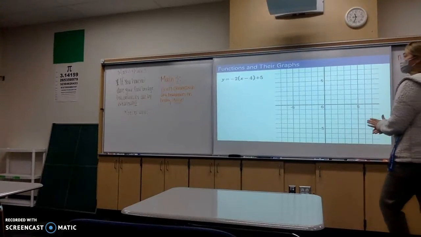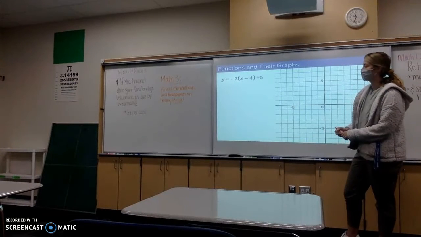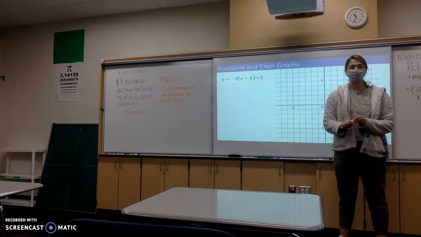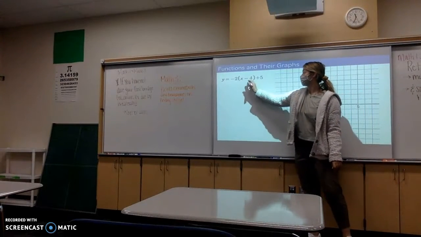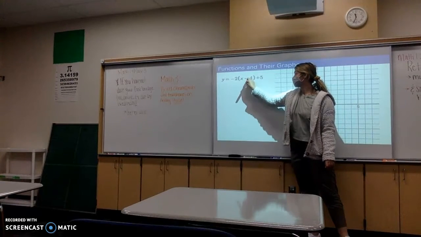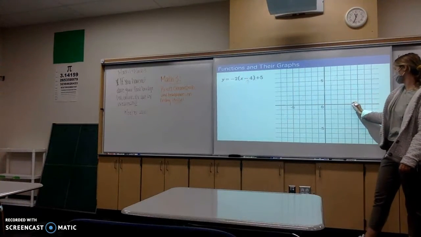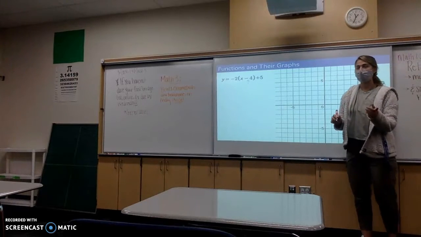All right, let's break this one down. What's the first thing that you notice that we can change about this dot? Right 4. Because that's a -4, so our dot's going to move from here to here at some point. Up 5.